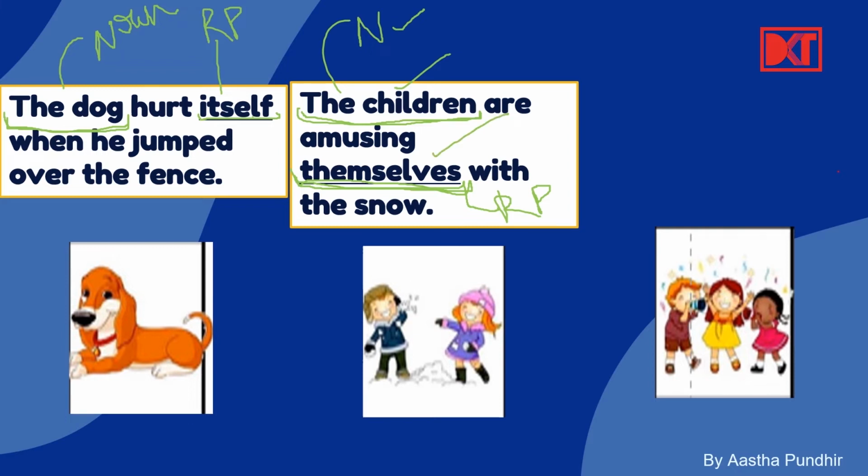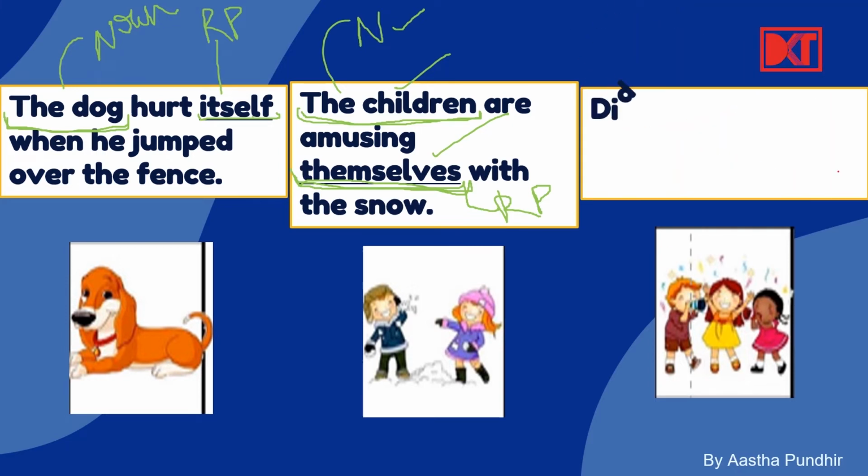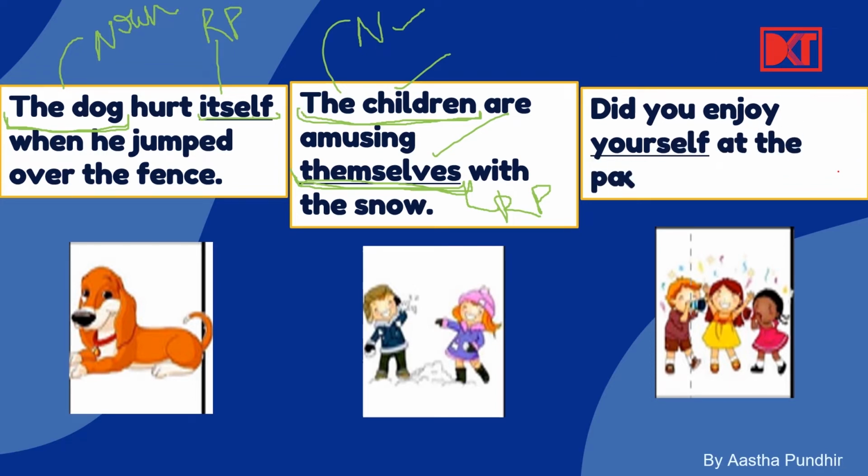Now the next example. Did you enjoy yourself at the party last night? The question is, did you enjoy yourself at the party last night? Now you is a personal pronoun.